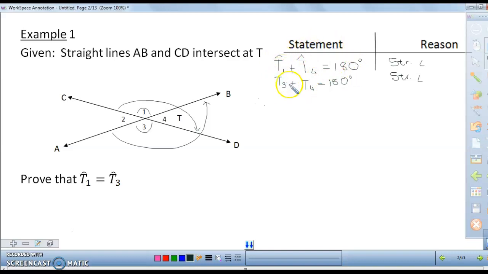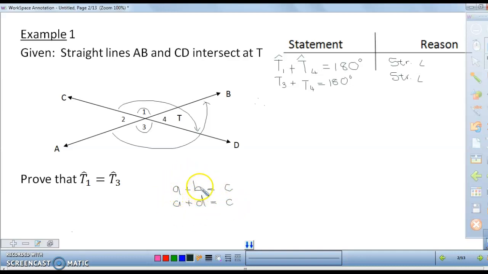If you look at these two statements, we are going to use a little bit of logic to prove that. Let me make it simpler. If I have a number A and I add a number B to it, and that gives me a number C, and I have a number A and I add a number D to it, and it also gives me the number C, what does that tell you?